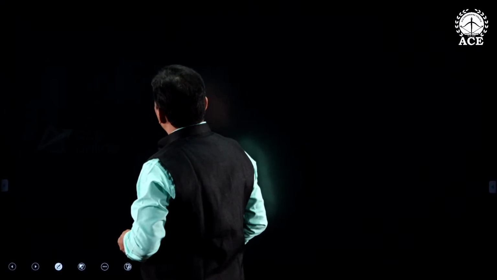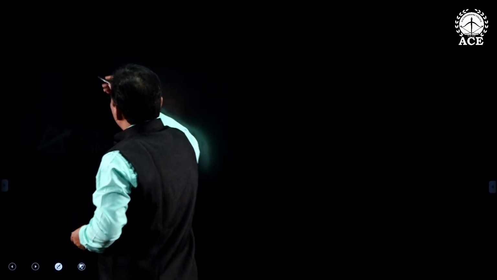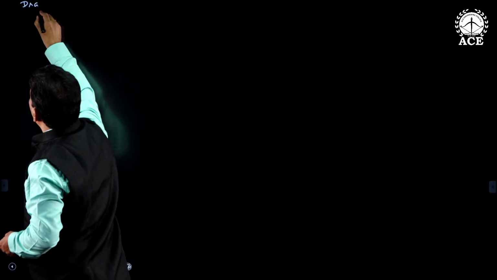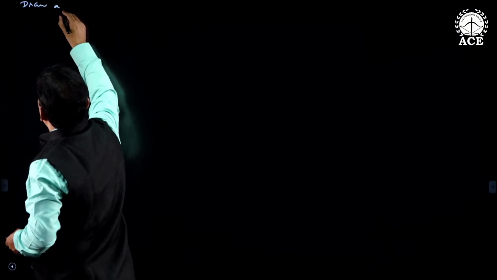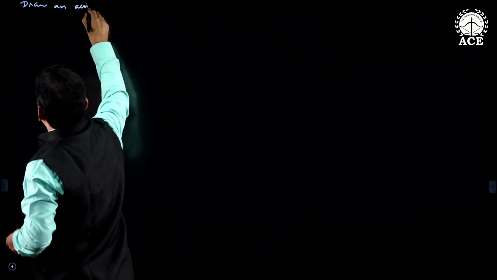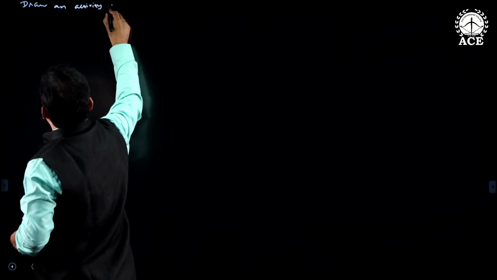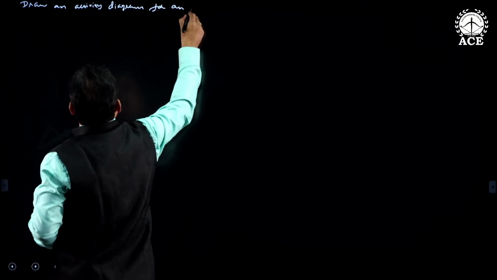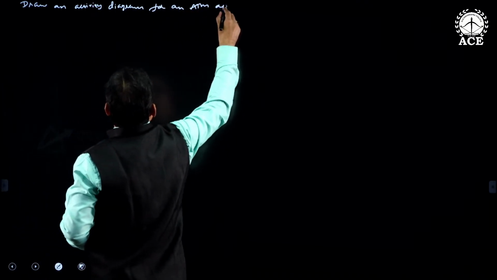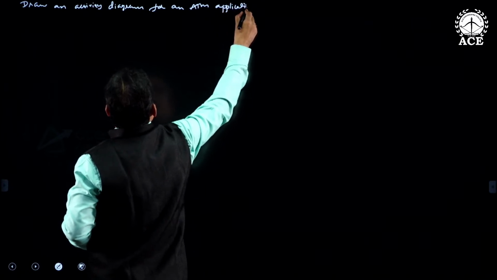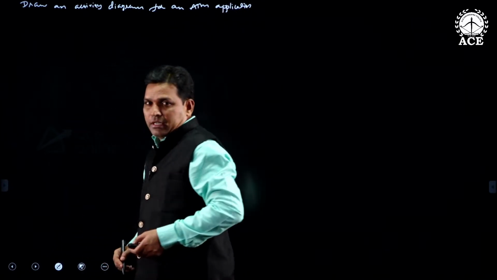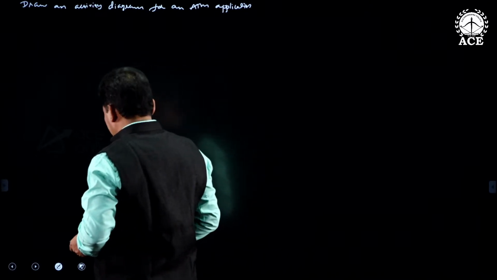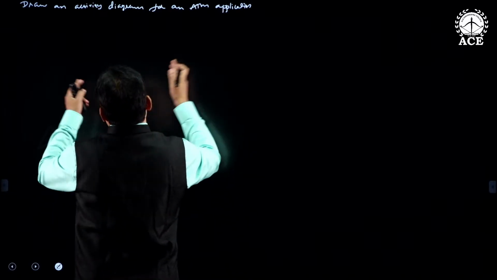Now we are going to draw an activity diagram for an ATM application, with swim lanes.